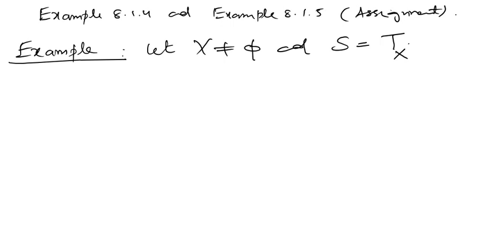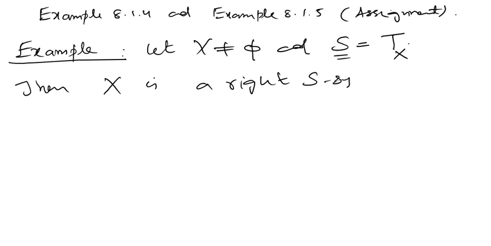X को हम राइट S सिस्टम, S is T_X, then X is a right S-system where the action is defined by.